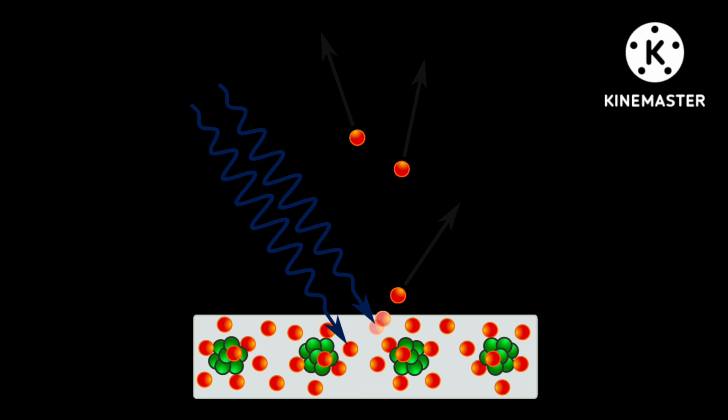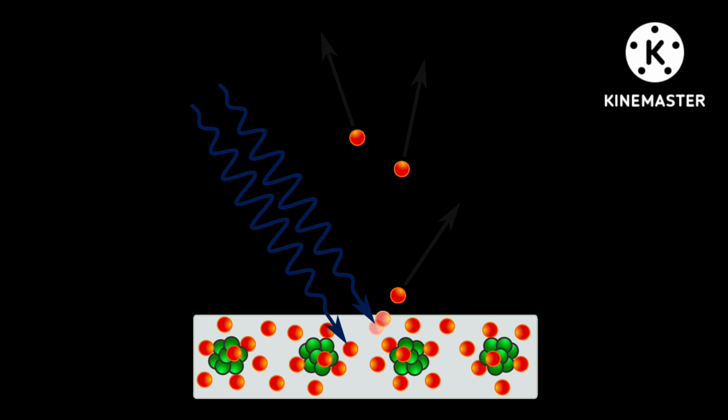Red light of any brightness, whose frequency is between 4.3 to 4.6 into 10 to the power 14 hertz, may shine on a piece of potassium metal for hours, but no photoelectrons are ejected when red light is used.